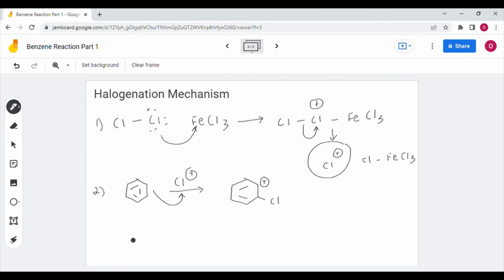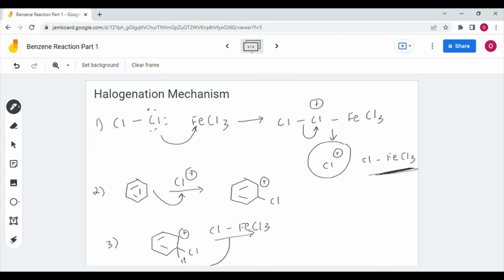The last step is that we need to somehow get rid of this plus charge, and we can do that with an elimination reaction. The molecule we have here, ClFeCl3, is the one that does the elimination. Specifically, this electron here is going to deprotonate this hydrogen.